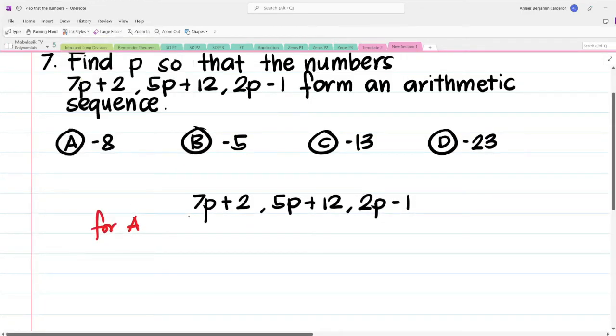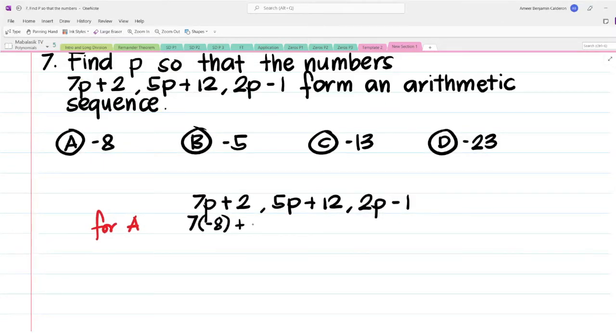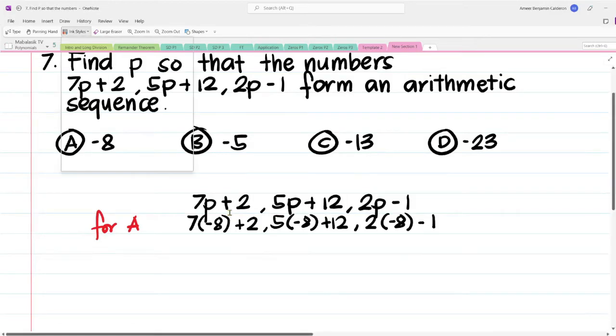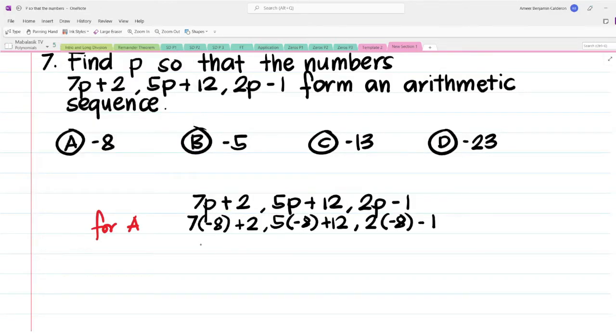So, we have 7 times negative 8 plus 2. We have 5 times negative 8 plus 12. And 2 times negative 8 minus 1. So, we have here negative 56 plus 2.